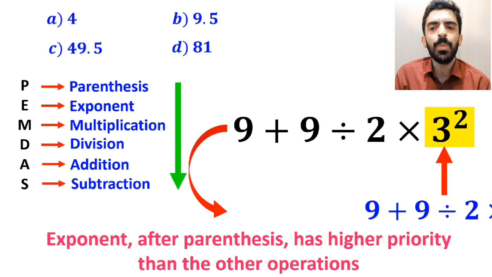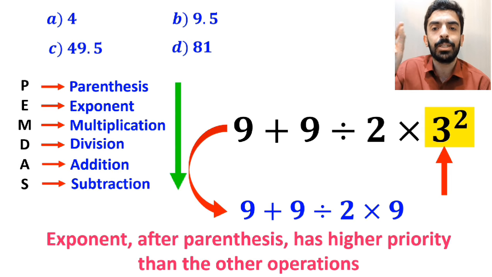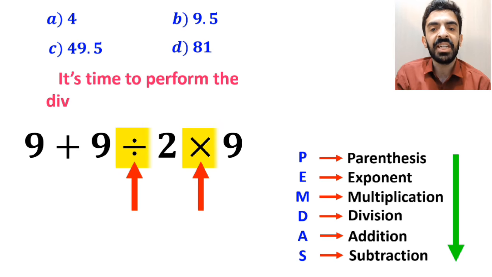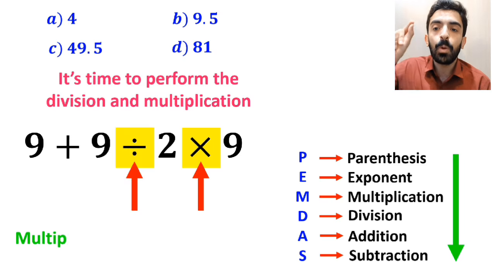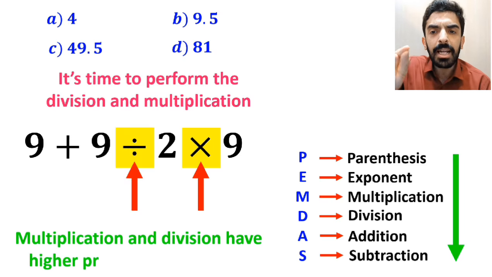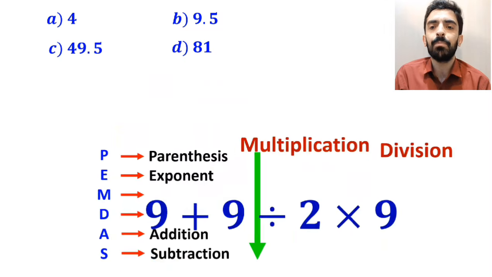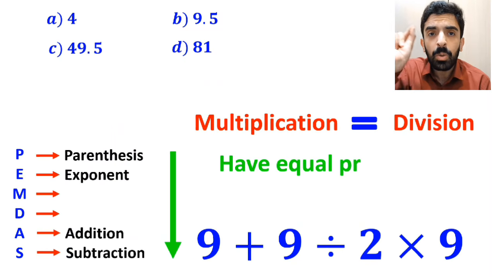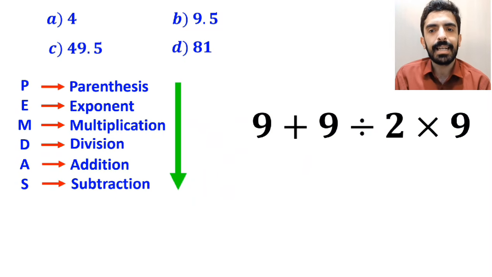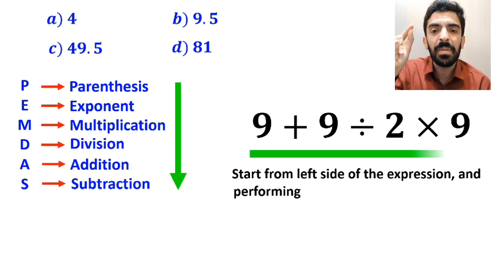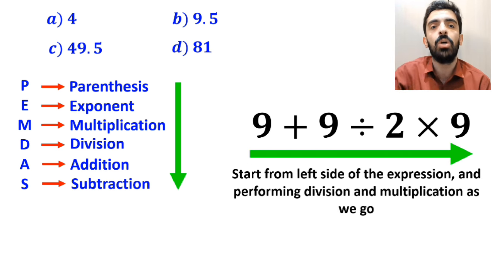So, this expression simplifies to 9 + 9 ÷ 2 × 9. Alright, now it's time to perform the division and multiplication, because multiplication and division have higher priority than addition. However, we must pay close attention that multiplication and division have equal precedence. In this case, the best thing to do is to start from the left side of the expression and perform division and multiplication as we go.